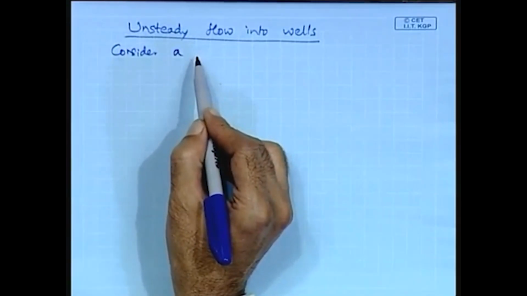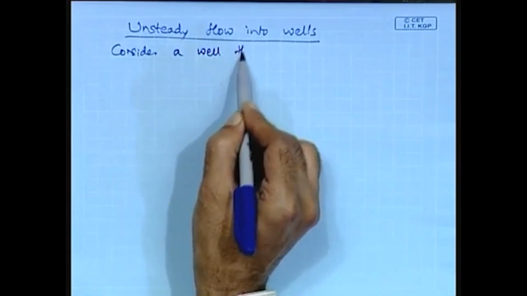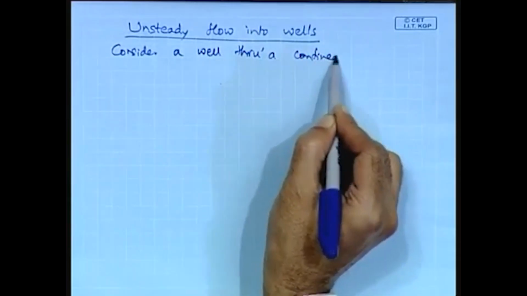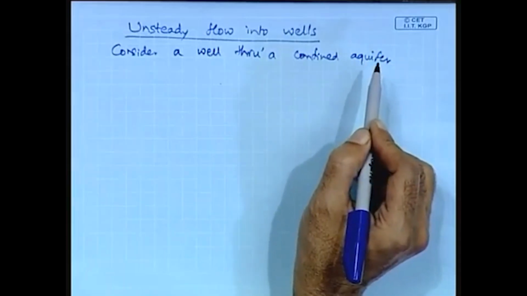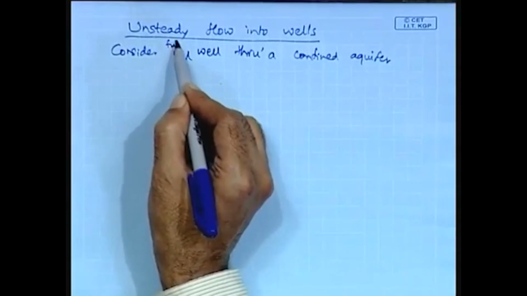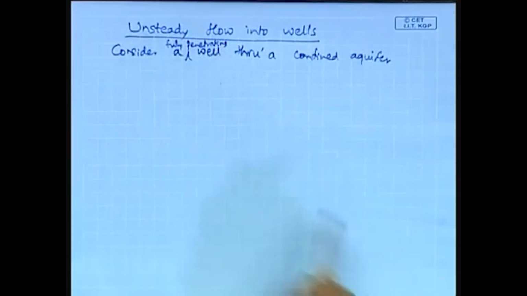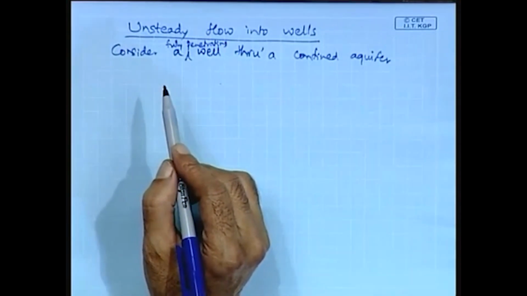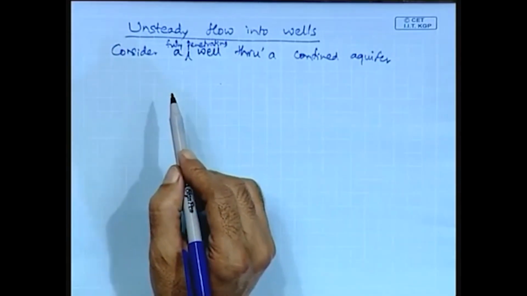Consider a well through a confined aquifer, and that too a fully penetrating well, wherein there is an unsteady flow.